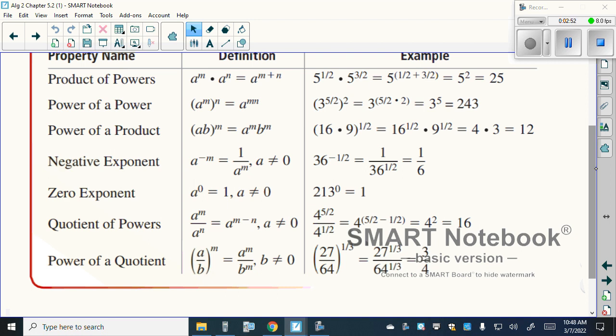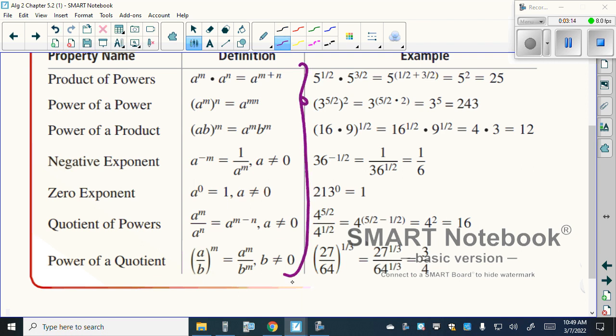If we have a divided by b to the n, we can say a to the n divided by b to the n. And these are the main properties dealing with exponents. We can use them going from one way to the other, going back and forth, because depending on what we have, utilizing each one of these is really going to help us simplify these radicals in any way, shape, and form.